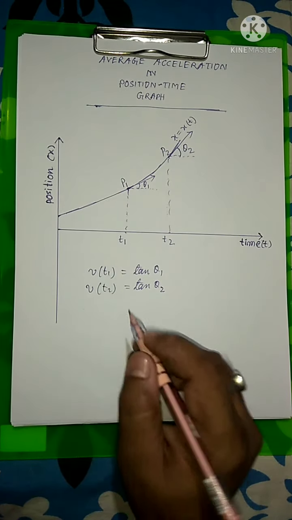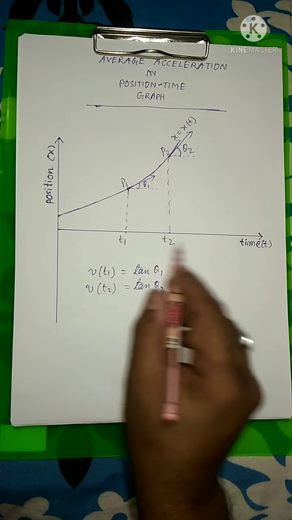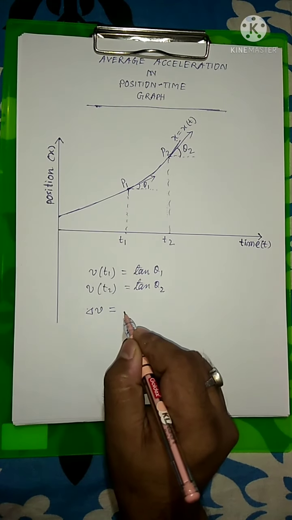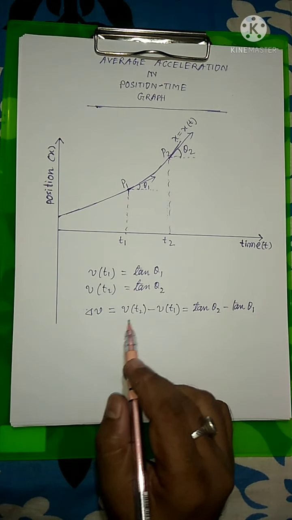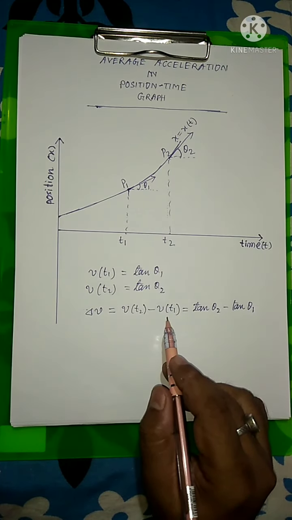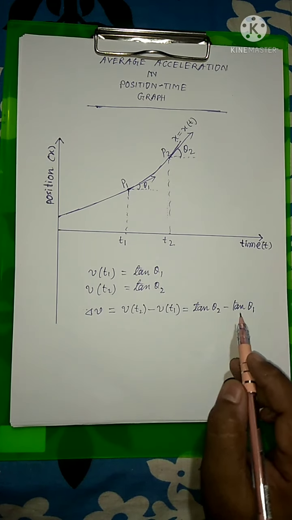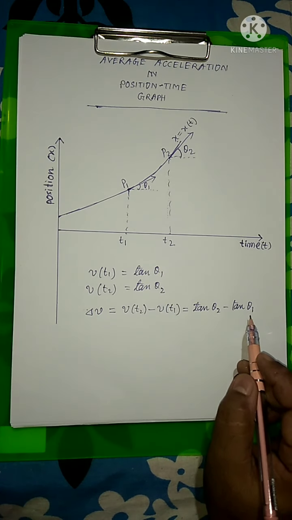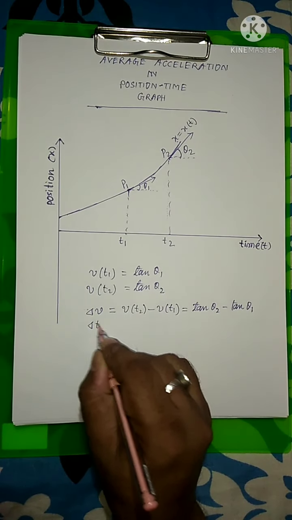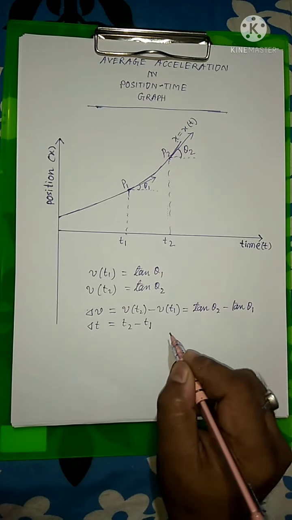Hence the change in the velocity over the interval from t1 to t2 is given by delta v equal to the instantaneous velocity at t2 minus the instantaneous velocity at t1, equal to tan theta 2 minus tan theta 1. The interval delta t is equal to t2 minus t1.